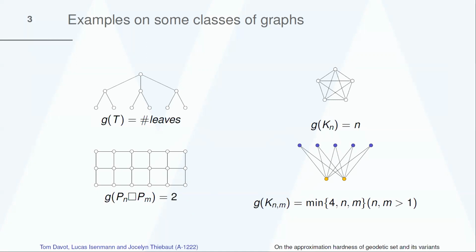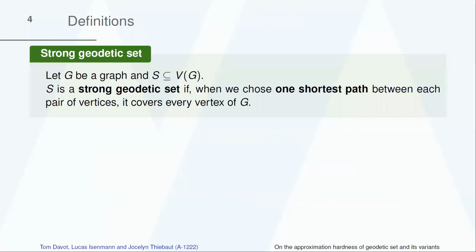If one of the parts is small, you take all the vertices of this part, and if not, you just have to take two vertices of each side, and you will cover all. For example, if you take those two vertices, you cover all the other vertices by the shortest paths between them. We will also talk about the strong version of this problem, namely strong geodetic sets.